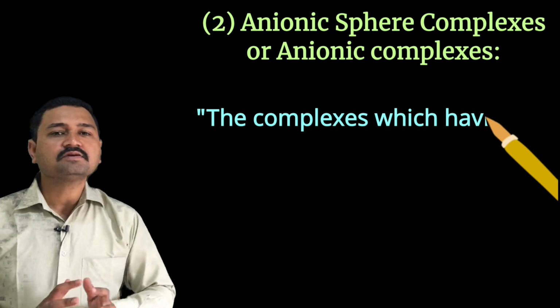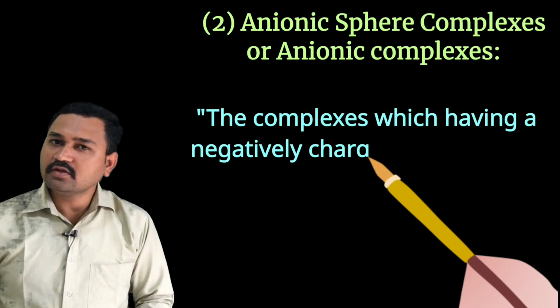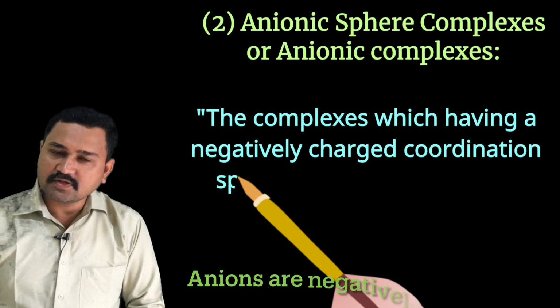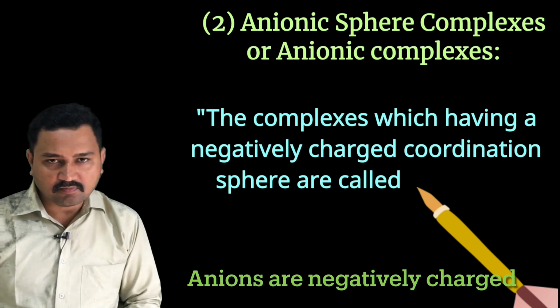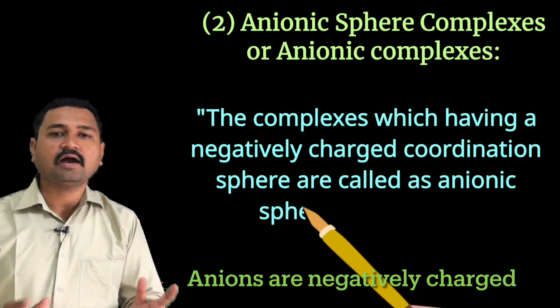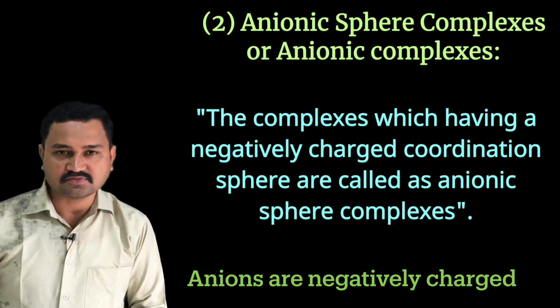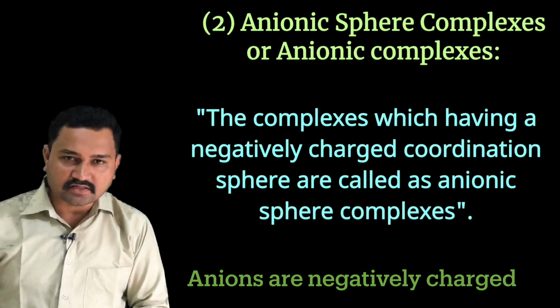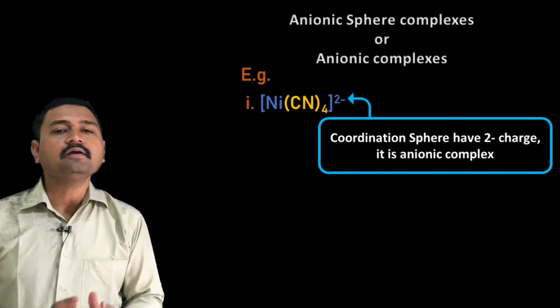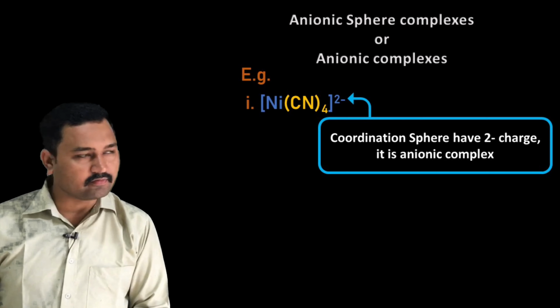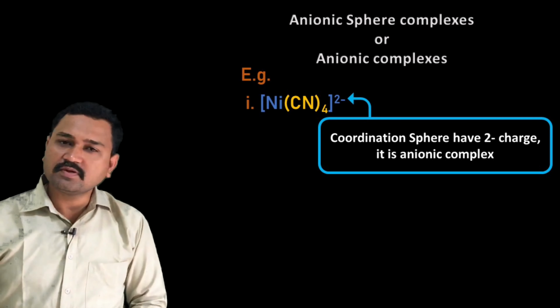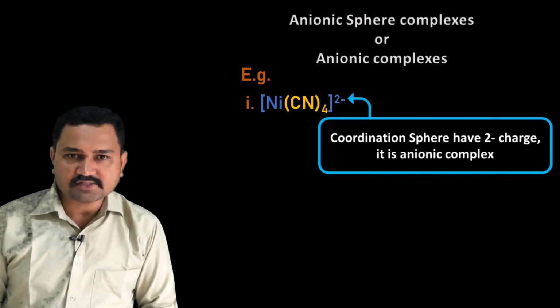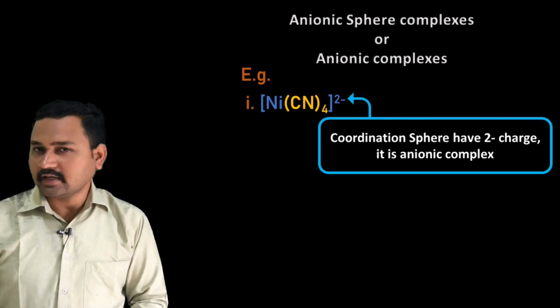The complexes which have a negatively charged coordination sphere are called anionic complexes. We know that anions are negatively charged species. If you consider an example, the [Ni(CN)4]2- ion, as this coordination sphere has a negative charge, it is an example of an anionic complex.